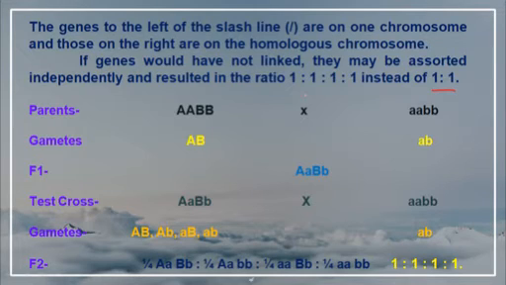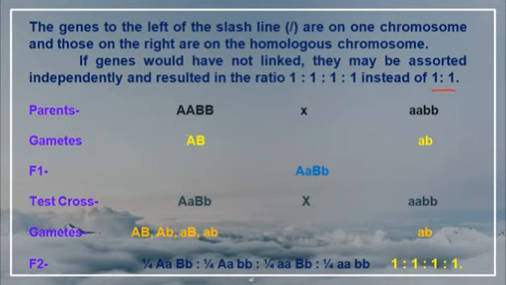Means as they are linked with each other, they will produce similar types of genes in their offspring also when the genes are linked. But if genes are not linked, they will assort independently.